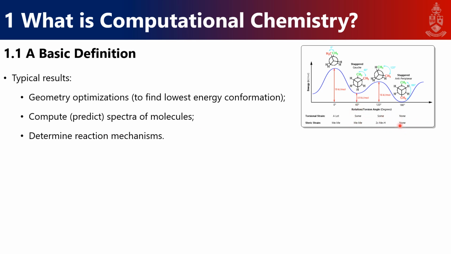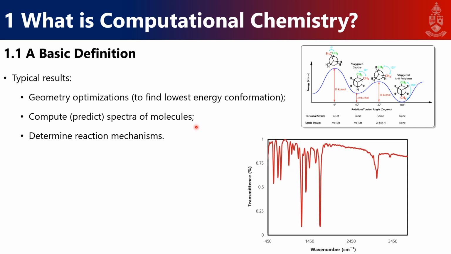In other words, it tells us this is the lowest energy conformation, and that is when the two methyl groups at the ends of butane are opposite to one another, which is of course intuitive, but now we can see it's definitely zero at that point, whereas it has different energies at other configurations, and in between the configurations we can also determine the energy. We can also compute spectra.